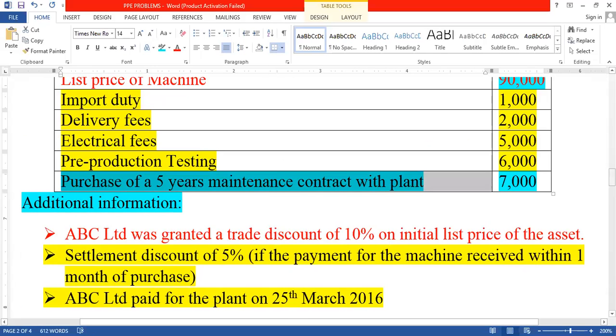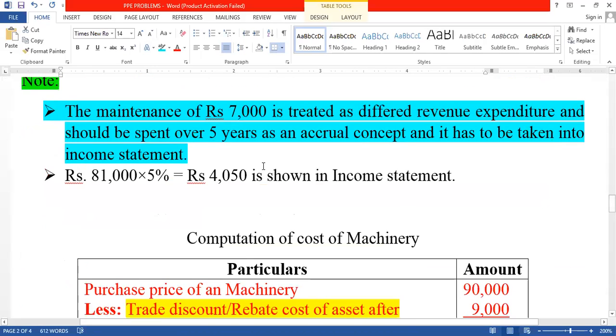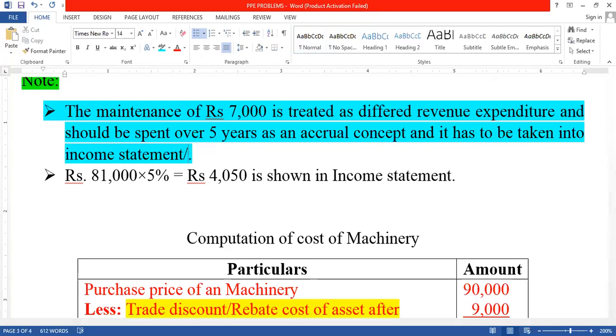So this is the maintenance cost of 7,000. This 7,000 is deferred revenue expenditure, and it should be spent over 5 years. As per the accrual concept, it has to be taken into the income statement. Income statement is nothing but the profit and loss account.